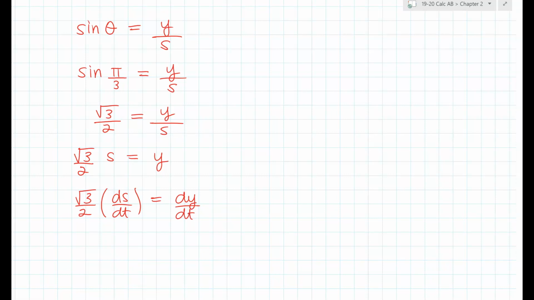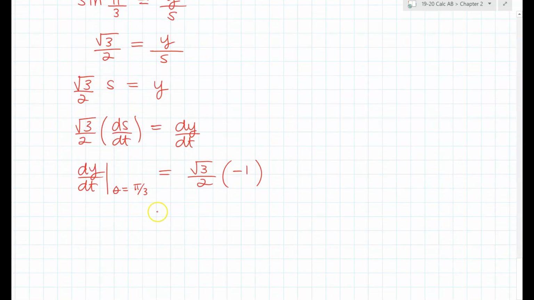Now they said figure out dy/dt when theta equals pi over 3. Well, I already plugged that in because it's not changing, right? So I just have to plug in my ds/dt. So dy/dt when theta equals pi over 3 equals radical 3 over 2 times -1. So that's equal to negative radical 3 over 2.